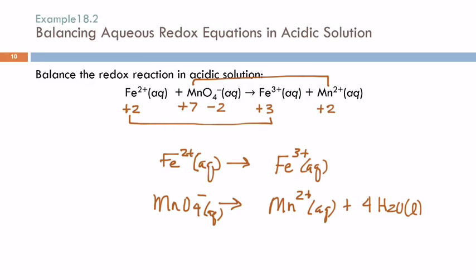That make sense? Now I created a different problem, didn't I? I introduced hydrogen. This is acidic solution, and so we're going to balance the hydrogen using hydrogen ions. So over here, I've got 4 times 2. I've got 8 hydrogens. So over here, I'm going to put 8 hydrogen ions. And that's how I achieve mass balance.